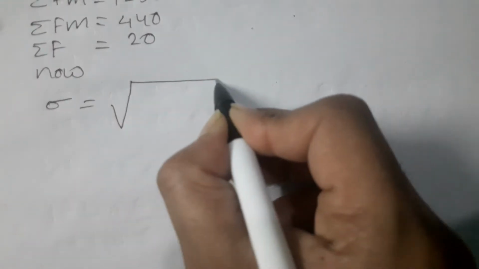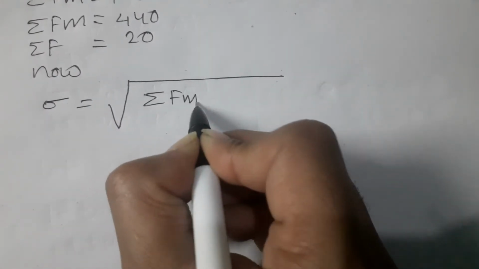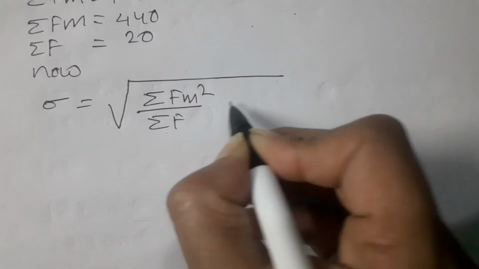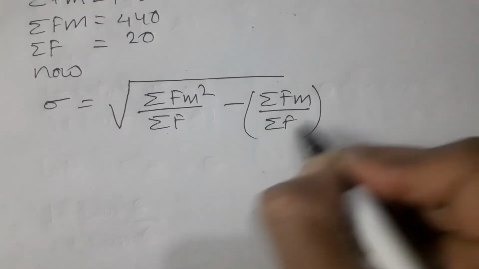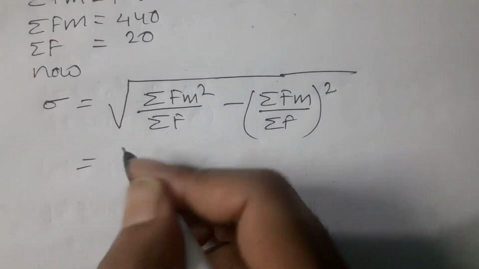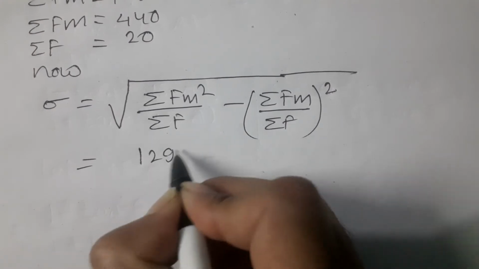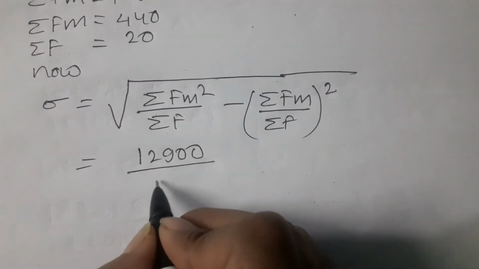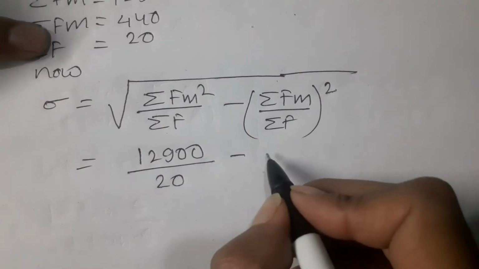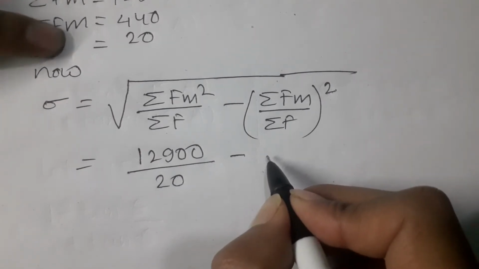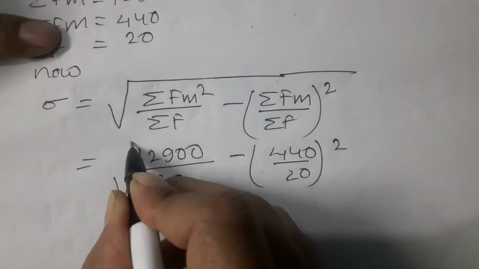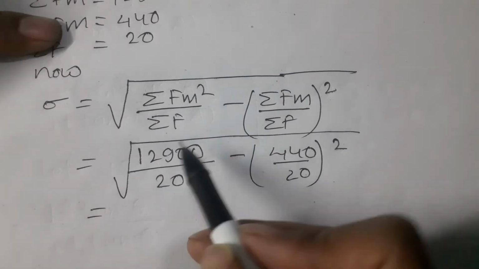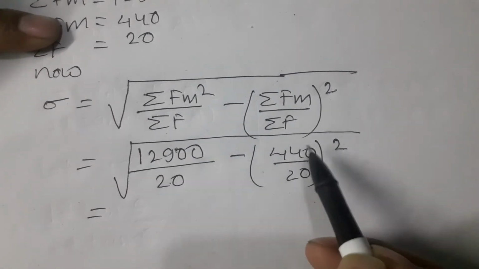Now standard deviation is equal to the square root of summation fm square divided by summation f, minus summation fm divided by summation f, whole square. Here this is 12900, and this is 20 as given, and summation fm is 440 divided by 20, and this is in the bracket. Now you can calculate this first, this divide and this divide I'm going to do.